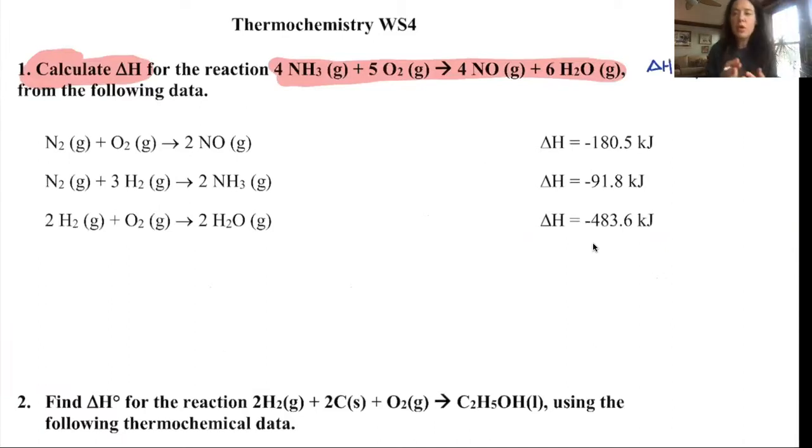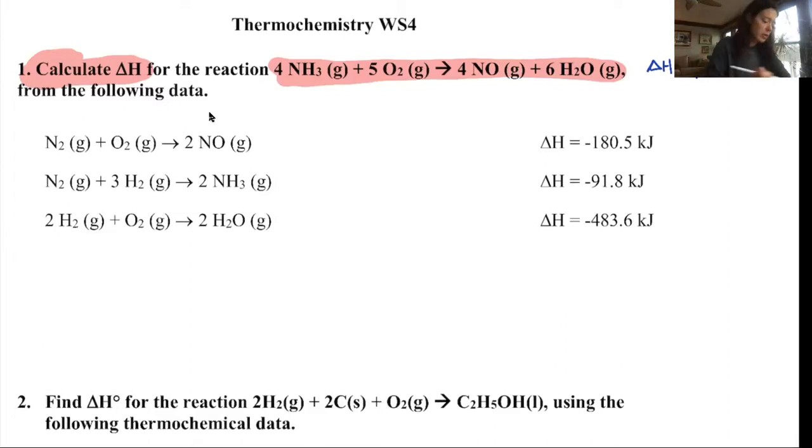We're going to utilize Hess's law, where we're going to take the three given equations and manipulate them, multiplying by numbers, dividing by numbers, reversing them so that the products become the reactants and the reactants become the products, such that when we simplify, we will be left with our target equation.